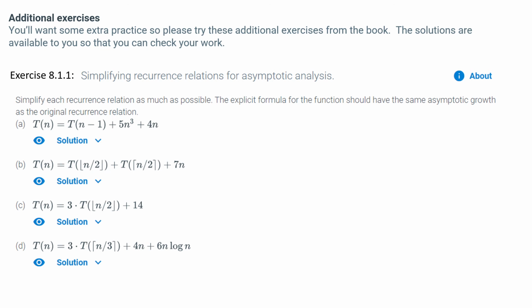So for instance, on part A here, you would take everything that's not inside the T function. So we have the 5n cubed plus 4n, change that to theta n to the third, right? Whatever the extra stuff is, find what the asymptotic growth is, and in this case that would be theta n to the third.